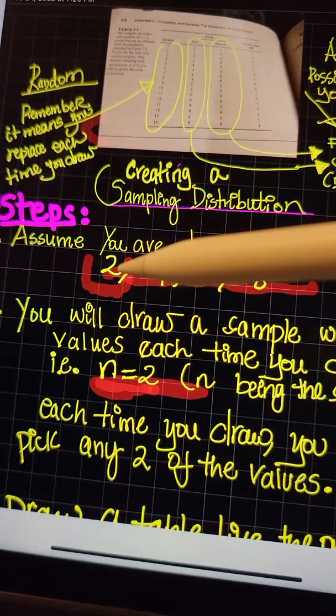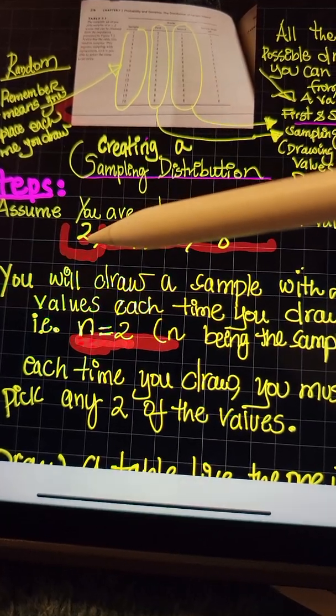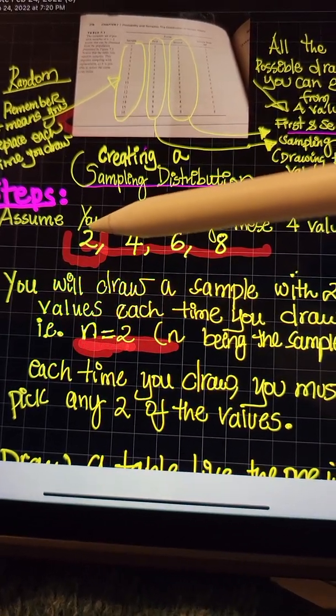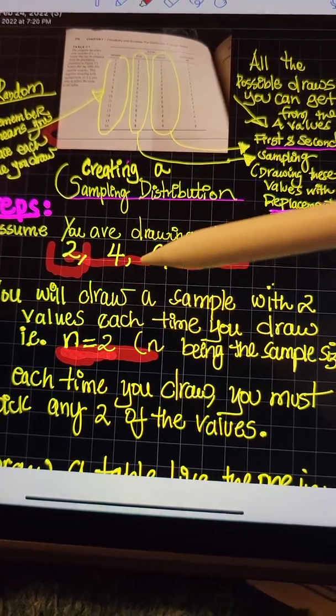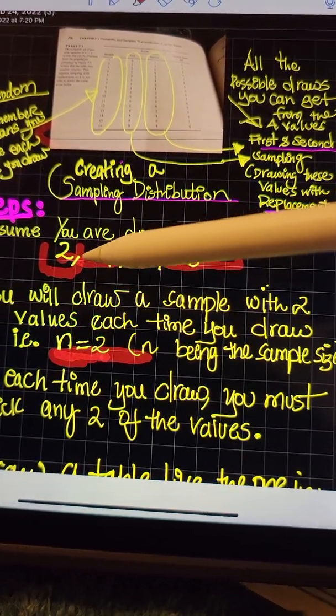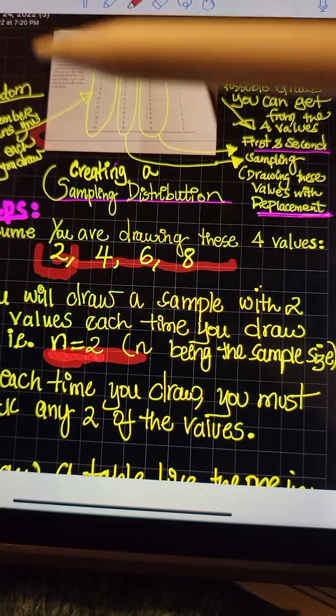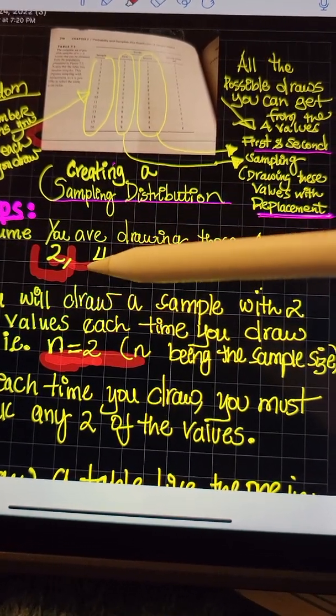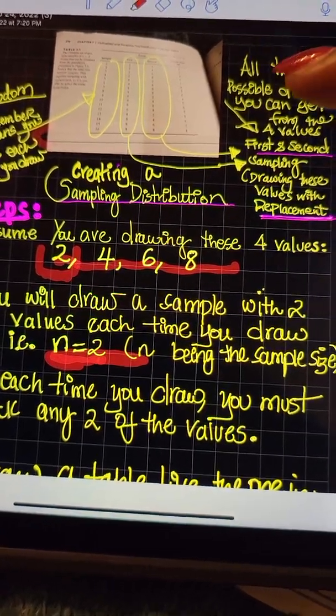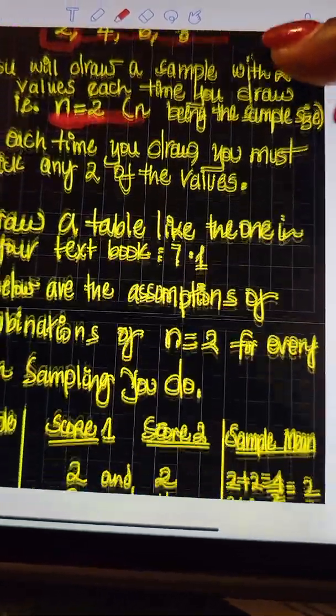Remember that exercise that we did in class using marbles. If you drew 2, how many combinations would we have? Definitely, because we are doing 2 samples.